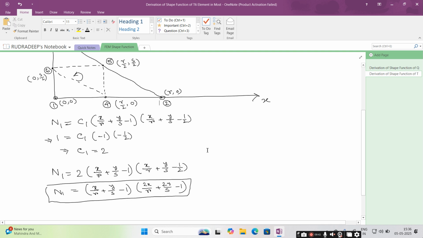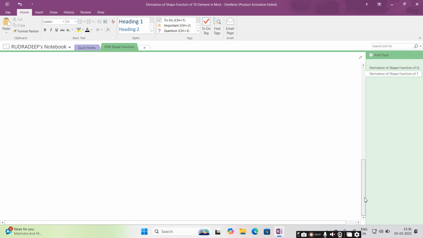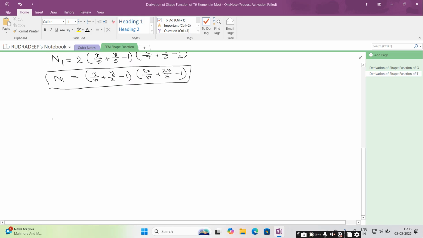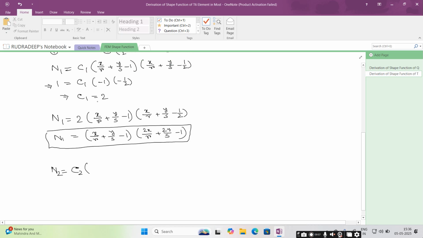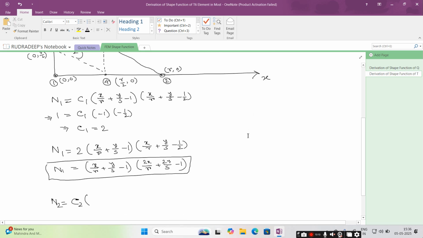Let's write down the equations of those two lines. N2 equal to a constant c2 and the equations of line 1 3, that is x equal to 0, and the equation of 4 5, that is x equal to r by 2.